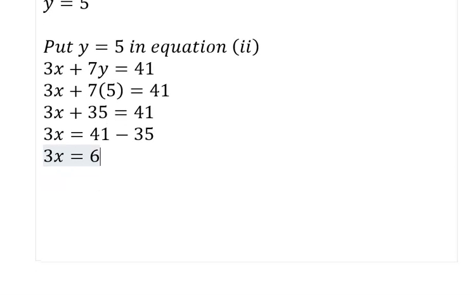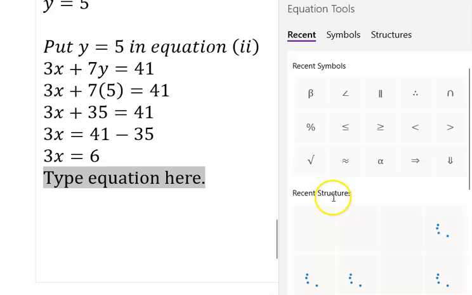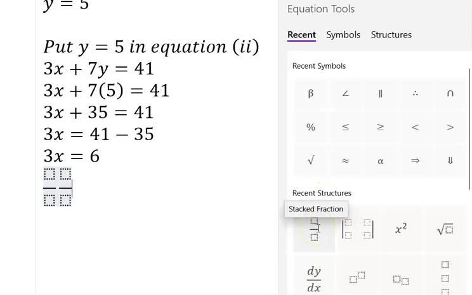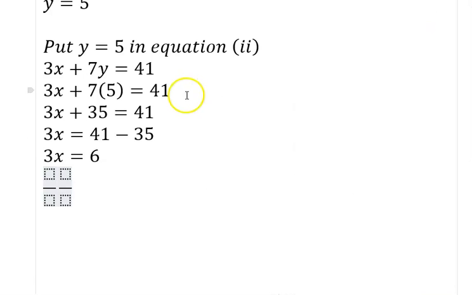Awesome. So we divide both sides by 3 so that x can stand alone. Let's get a template. Awesome. So you have 3x. We are dividing both sides by 3 so that our x can stand alone. Here we have 6 over 3.